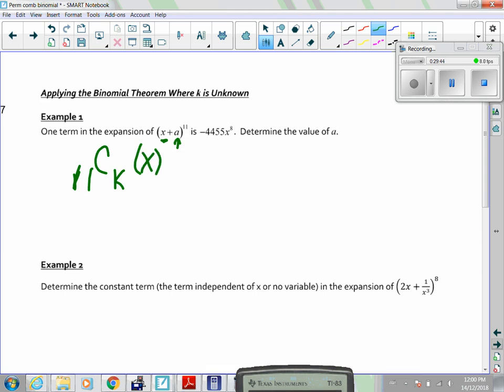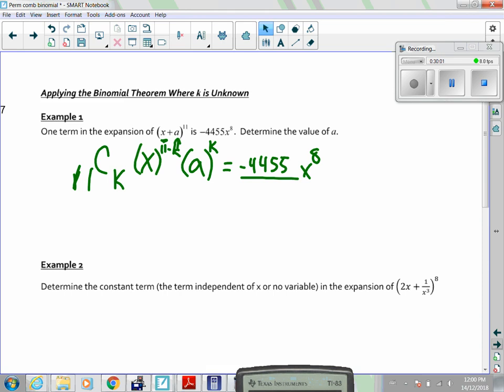This is going to be x to the 11 minus k, and a to the k. Now, we don't know what k is, but I know this is going to be something, something, negative 4455 x to the 8. So because I know that this has to be x to the 8, this also has to be 8.